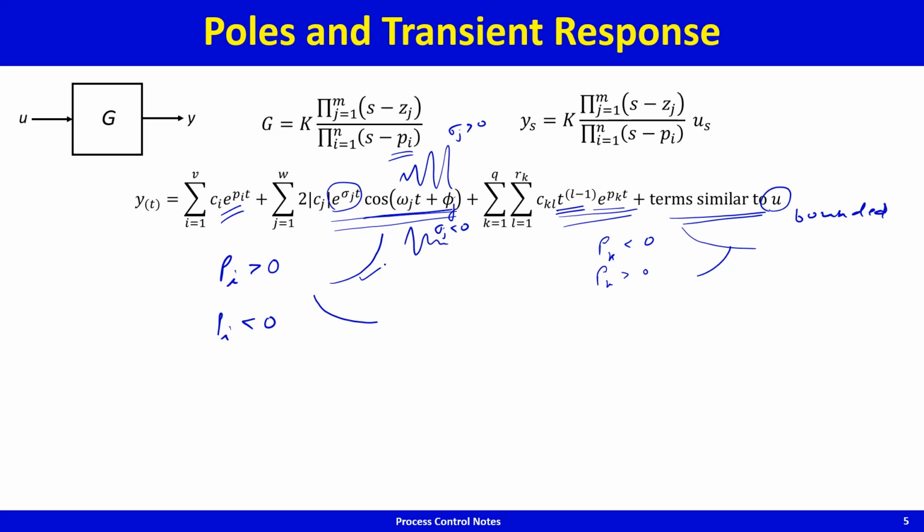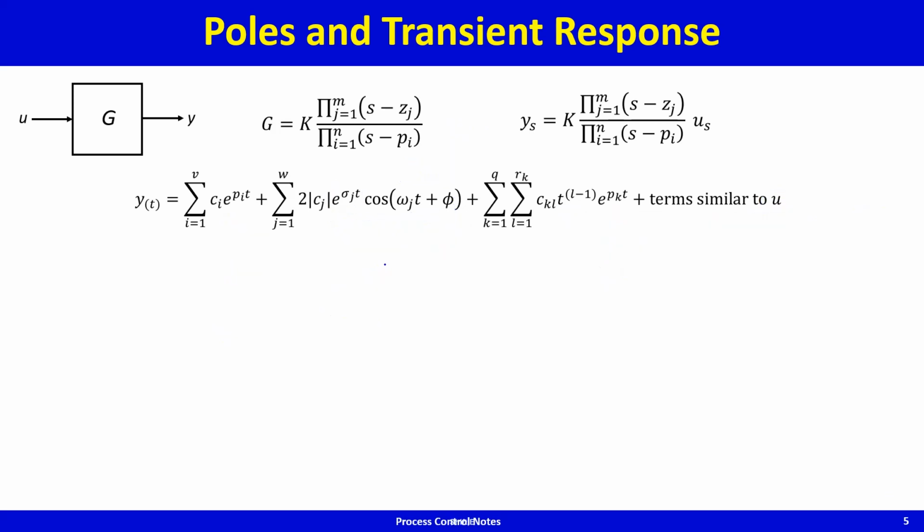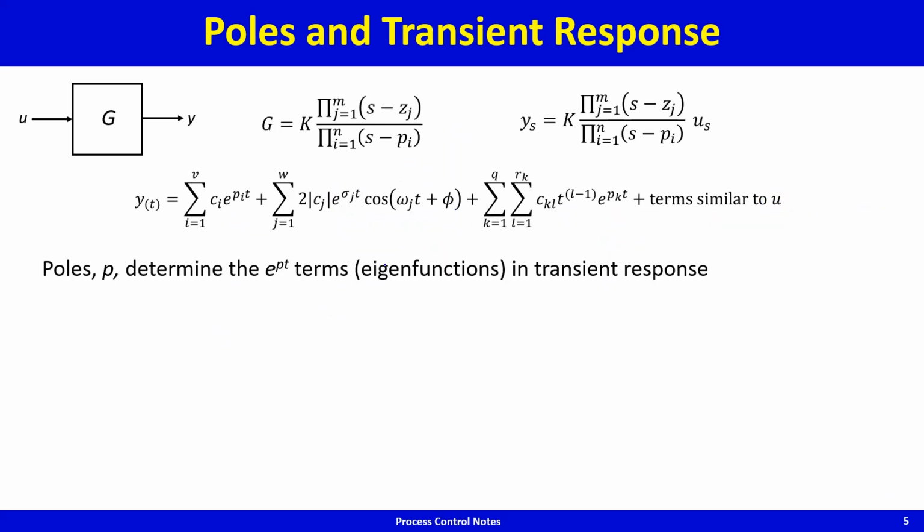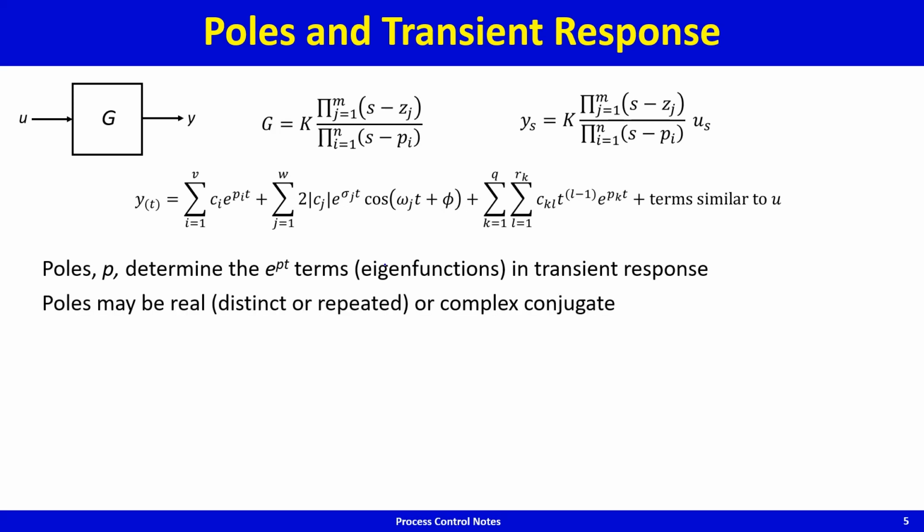So what this means is that in summary, the poles determine the eigenfunctions of the transient response, the e to the power pt terms. The poles may be real, and the real roots or real poles may be distinct or repeated, or they may be complex conjugate pairs. I should add the word pairs here.